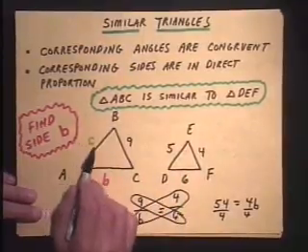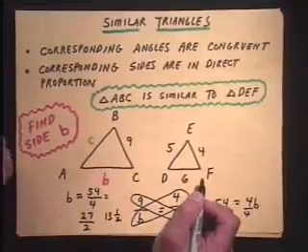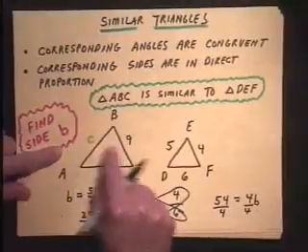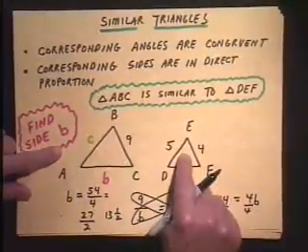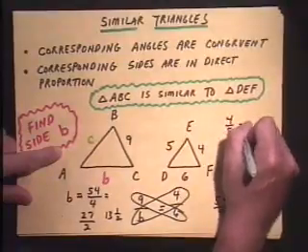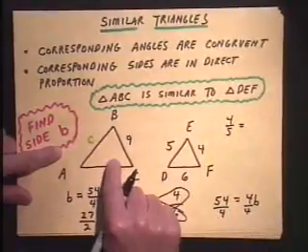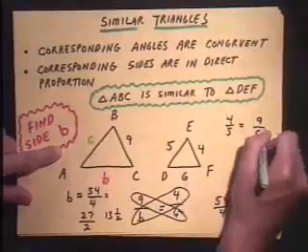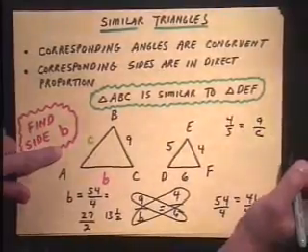And then we could also find side C if we were after it. Now look at these two triangles. If we were after C in green here, looking at the smaller triangle, we could say 4 to 5 in the smaller one equals what to what in the larger one? Well, 4 matches up with a 9, 5 matches up with the C. There are all kinds of interesting uses here.